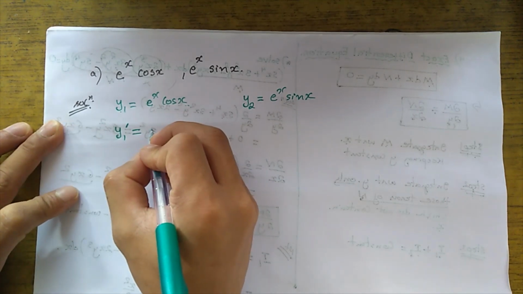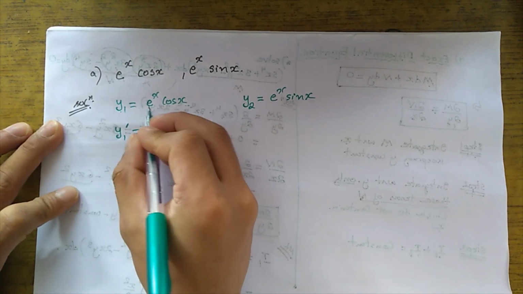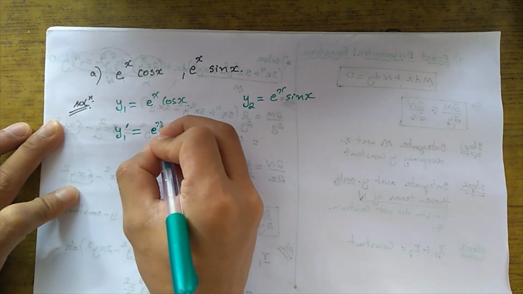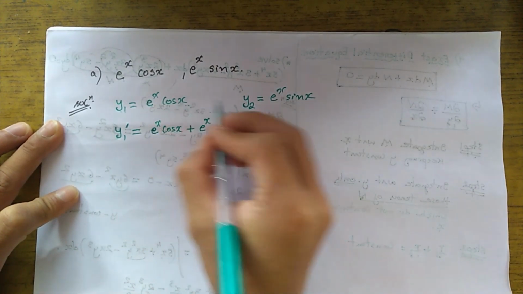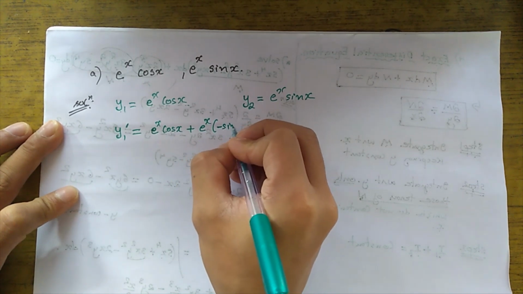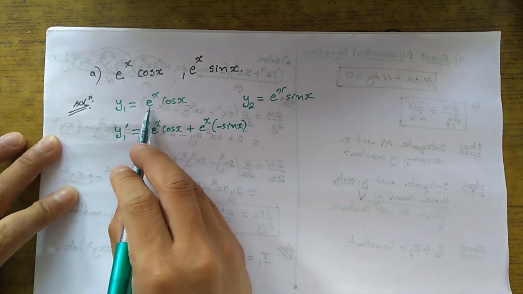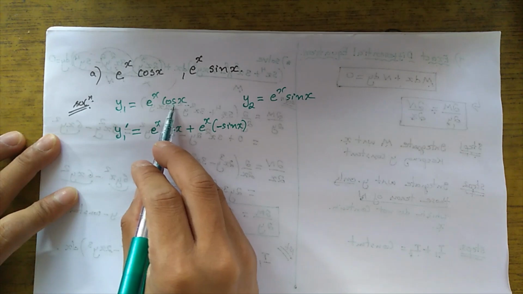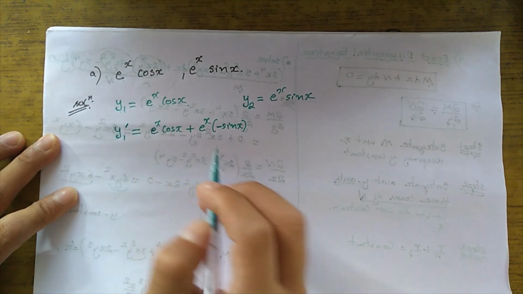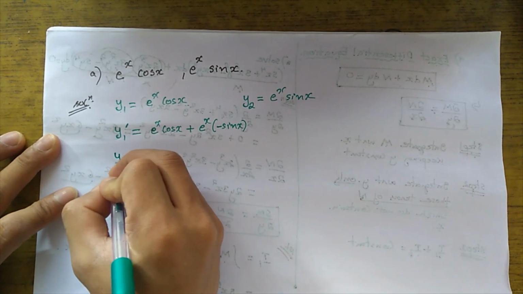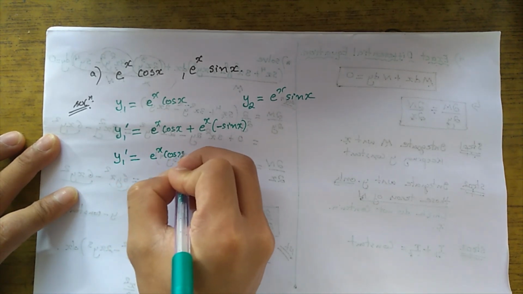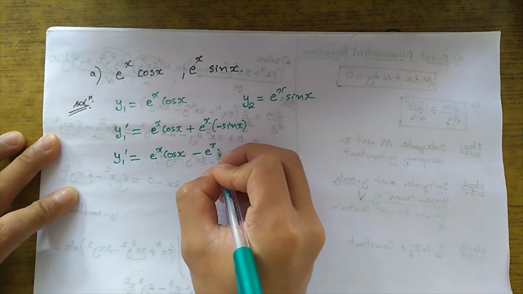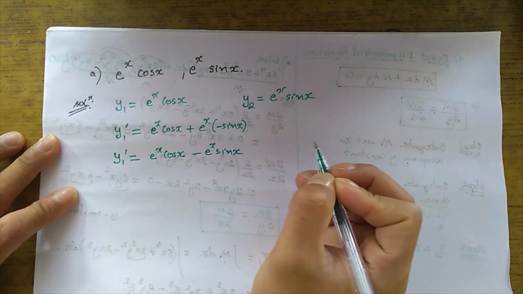Because this is a product of two functions, differentiating e to the x gives e to the x cos x, plus e to the x times the derivative of cos x, which is minus sin x. In other words, y1 prime is e to the x cos x minus e to the x sin x.